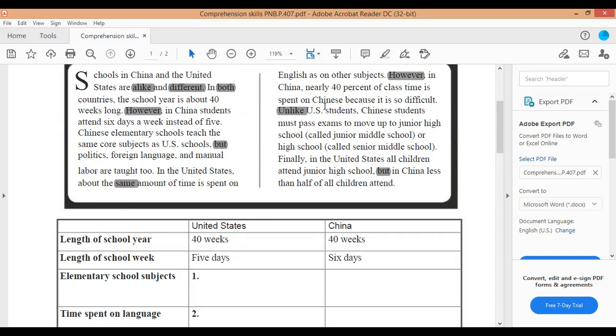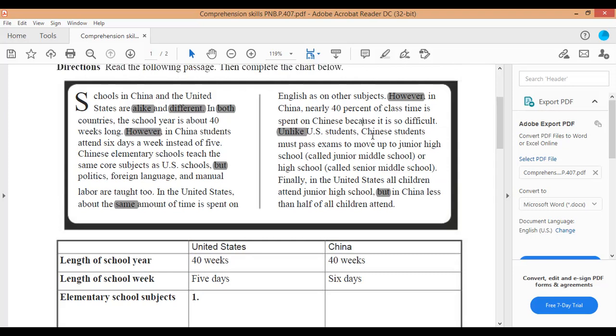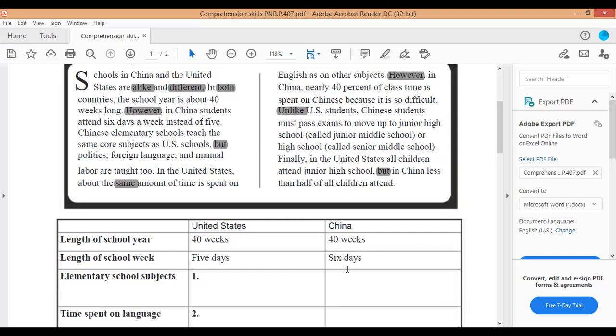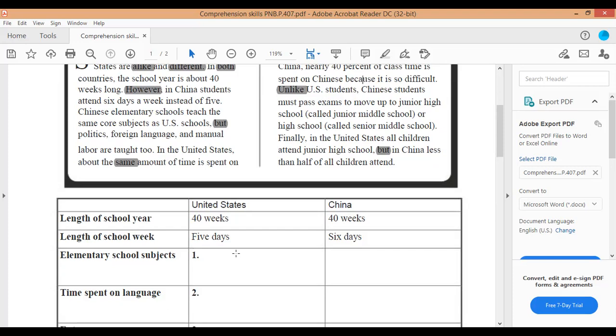Yes. For entrance exams, for the United States, the entrance exam, let's see. Unlike U.S. students, Chinese students must pass exams. This is for the Chinese entrance exam for junior high and high school. But for the United States, no entrance exam.